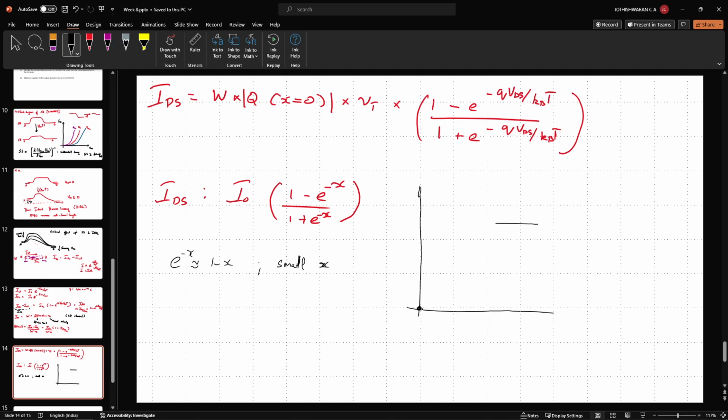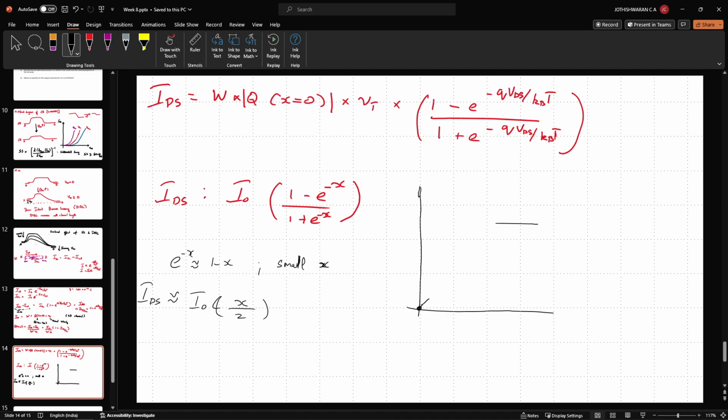Again, for small x, 2 minus x is almost 2, so IDS will be approximately I naught times x divided by 2. So I will have a straight line, and I know that eventually it saturates.